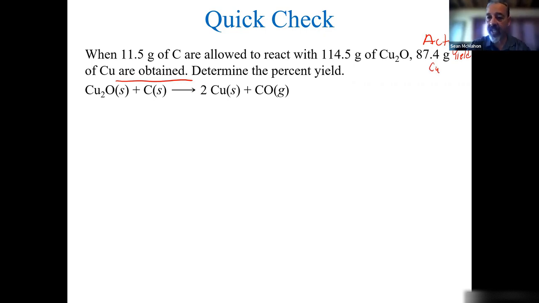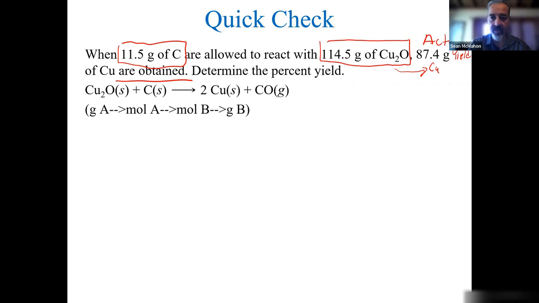So to determine percent yield, we have to take the original masses of each reactant and convert it to grams of copper to figure out the theoretical yield so we can do percent yield. Because we know what we actually got, but we want to see how good we were. So again, grams to moles, moles to moles, moles to grams.